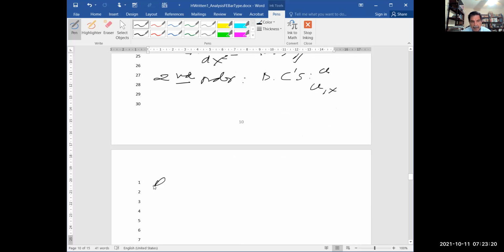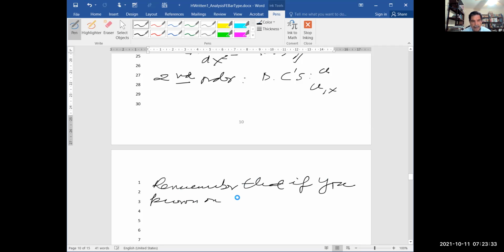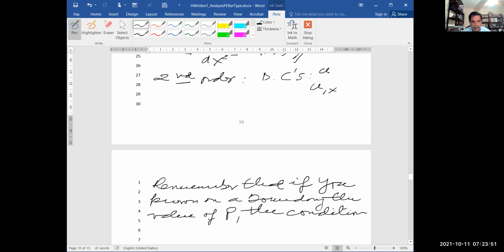Remember that if you know on a boundary the value of P, the condition may be set as follows.